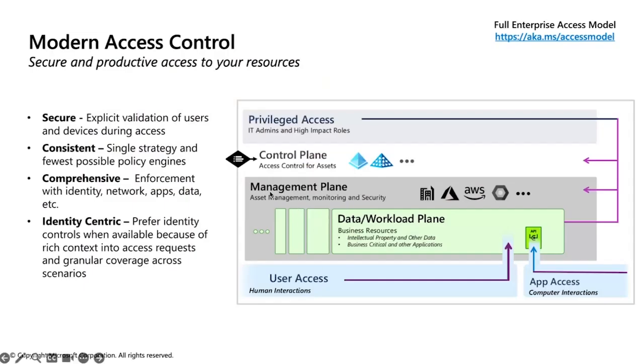From the IT admin perspective, they play under the management plane, where they configure synchronization, deploy resources, work with multi-cloud environments, and deploy workloads. Then we have user access, where they are accessing the data, our API, our application access. These are different components we see in a cloud environment.